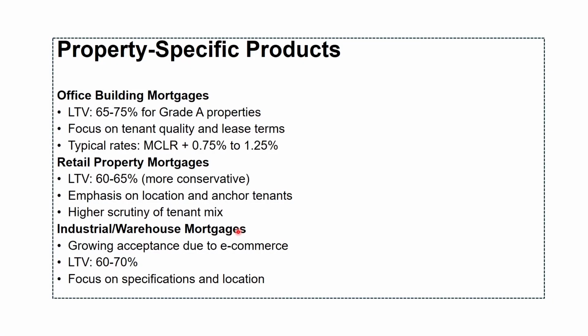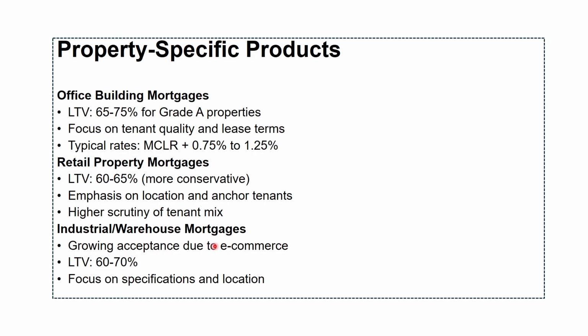So that is growing, and this sector for lending is picking up. Here LTV is around 60 to 70%, and the focus is on specifications and location, of course, how near it is to a particular office or the overall city. So all that is considered here also.